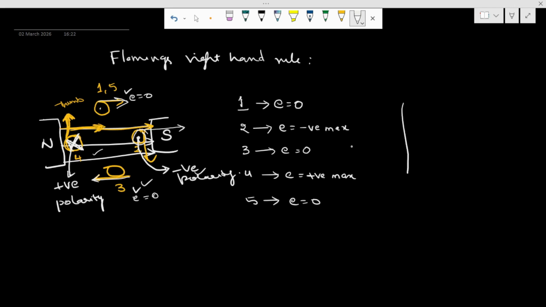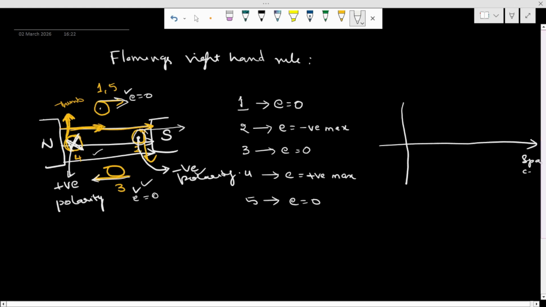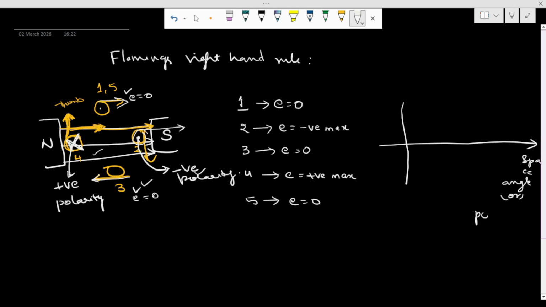Let us plot a graph. Take this as the space angle or position angle. This is the EMF induced.